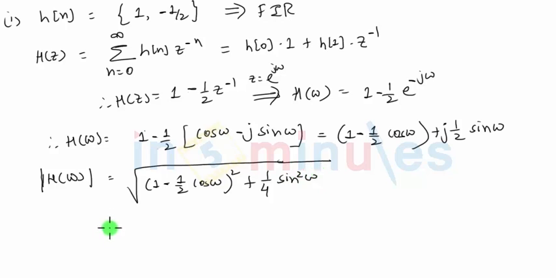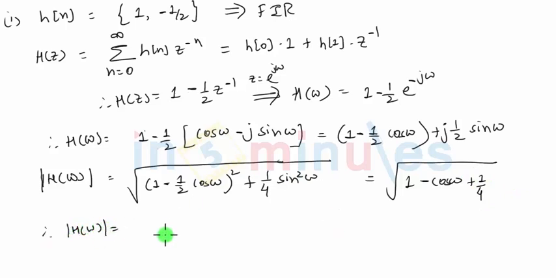Now if I expand this, it will be the square root of 1 minus 2 into half cos omega, that is 1 minus cos omega, plus 1 by 4 cos square omega plus 1 by 4 sine square omega, which is nothing but 1 by 4, because cos square omega plus sine square omega is 1. Therefore mod h of omega becomes the square root of 1 plus 1 by 4, that is 5 by 4, minus cos omega. So that's my magnitude response.